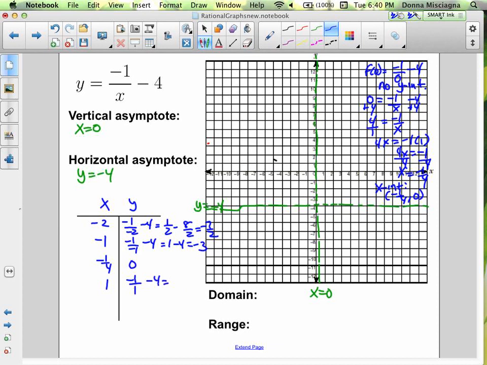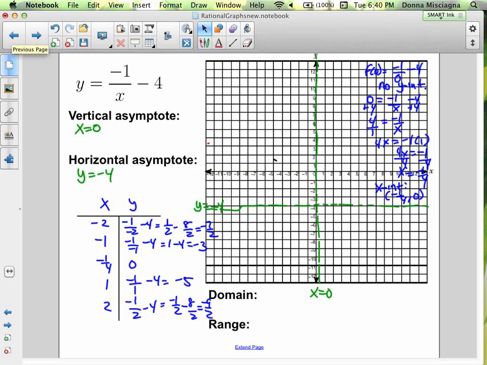So that is -1 minus 4, or -5. And then finally, plug in 2. So it's -1 divided by 2 minus 4. So that's going to be -1/2 minus 8/2. That's -9/2. So there's our 5 points that we're going to graph, and 5 will be fine.